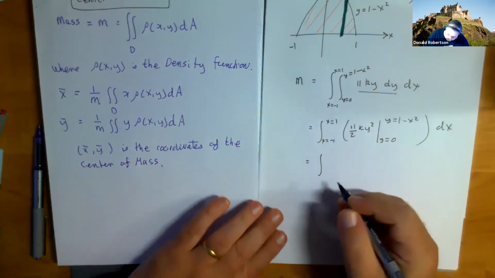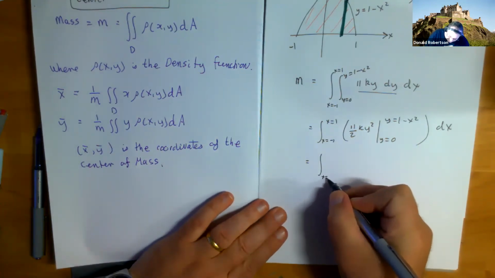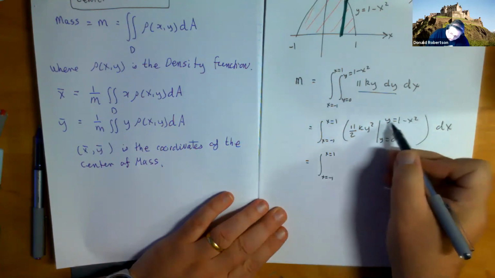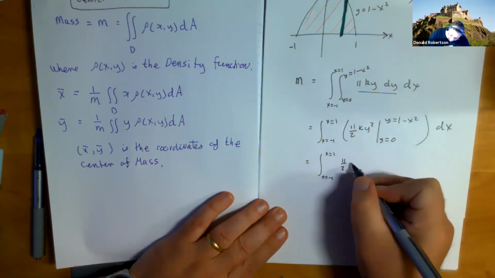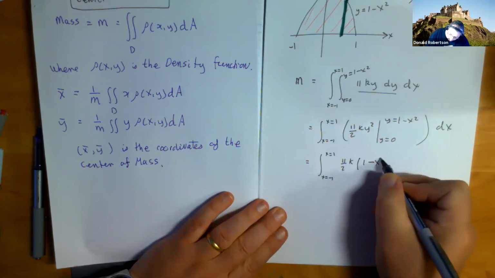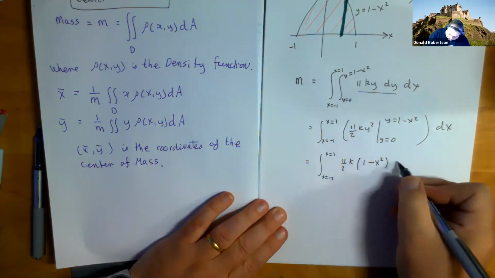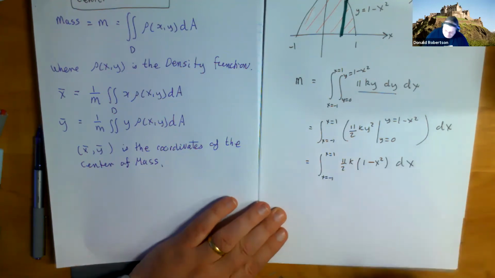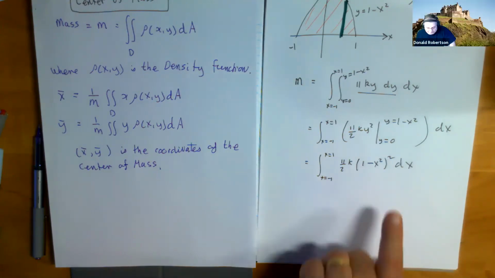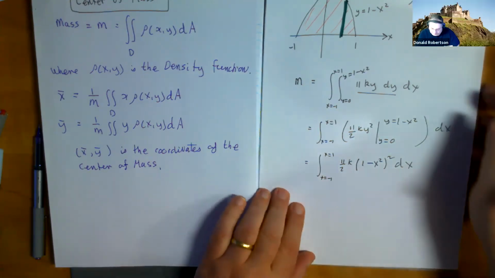That is going to give, in a few moments, the next piece of the puzzle. It's going to be 11 over 2 k, 1 minus x squared minus nothing. Okay, that should be squared. Thank you.